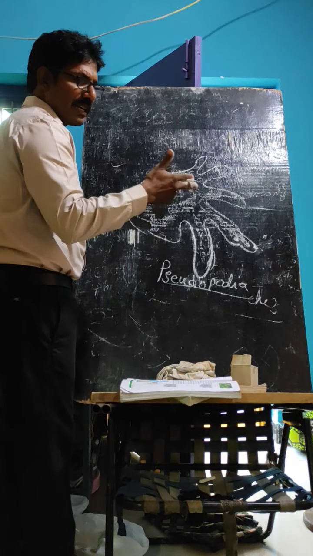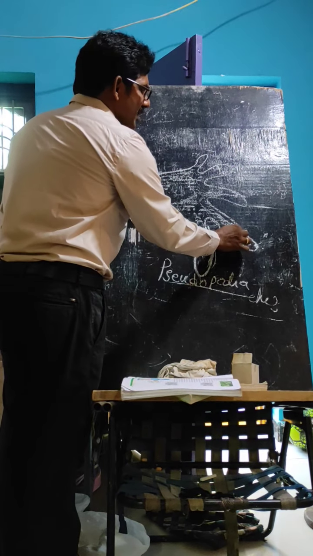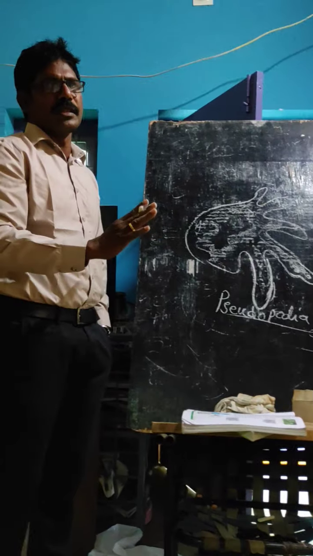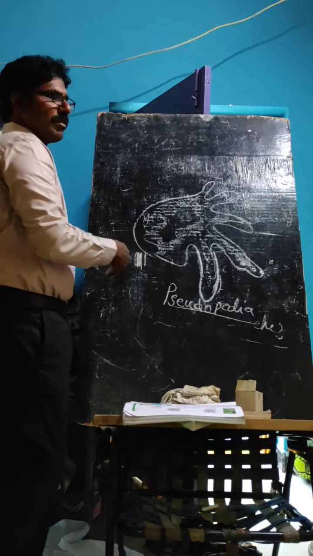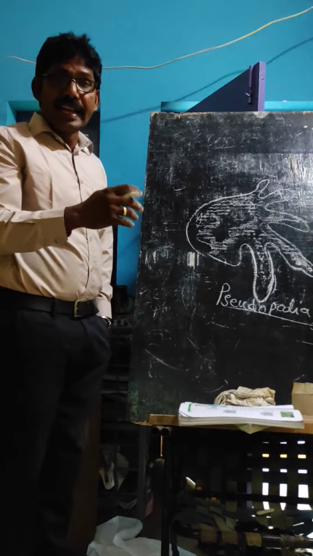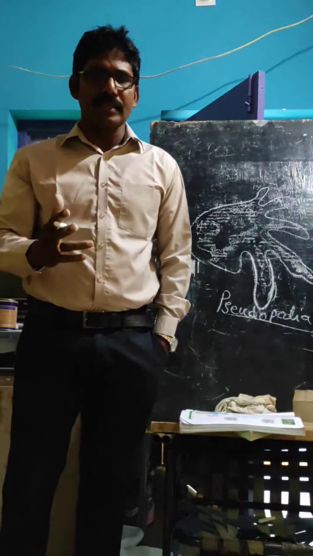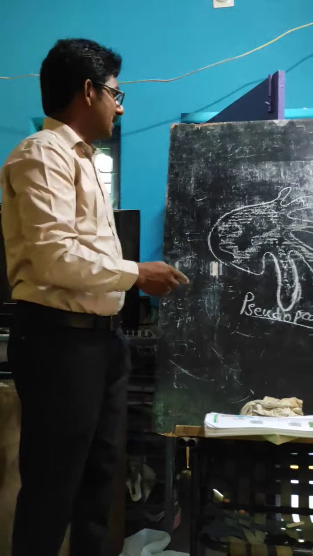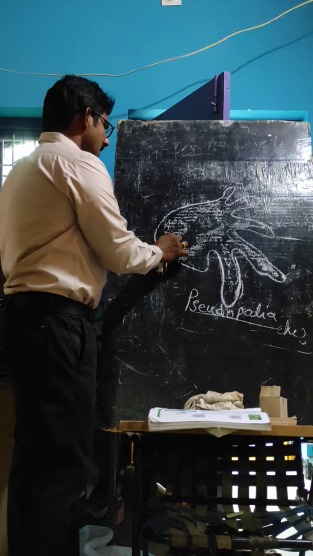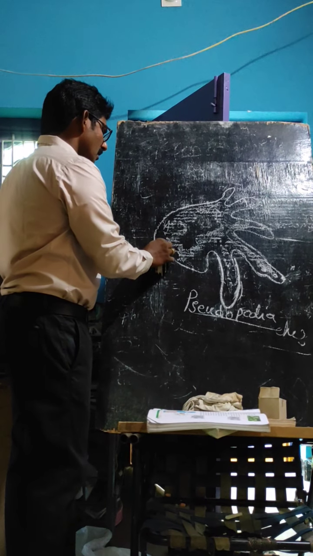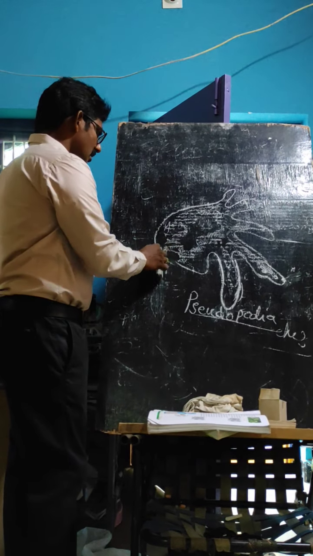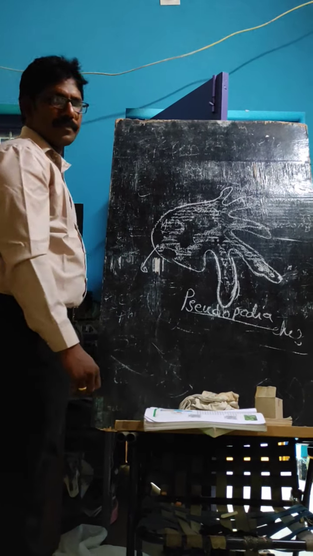They break down and digest the food and diffuse into the cytoplasm. Diffuse means they mix in and spread out through the body. And if there are any undigested or unwanted materials, they are sent to the surface of the body and thrown out like this.